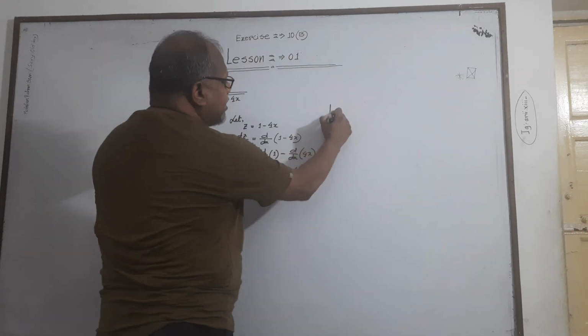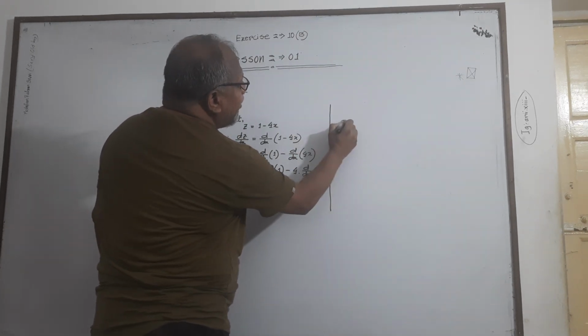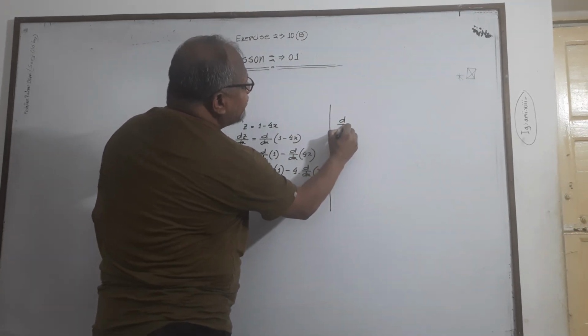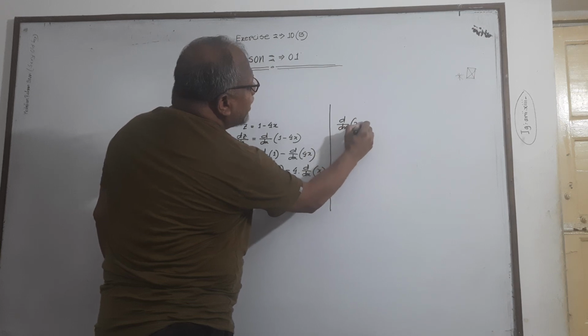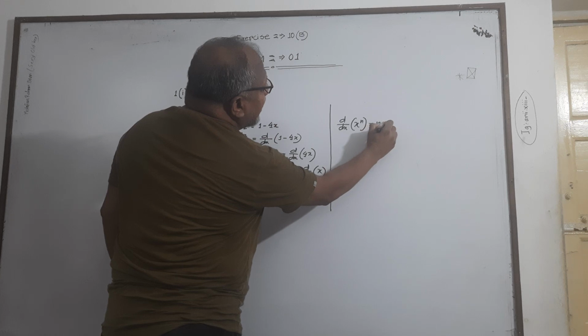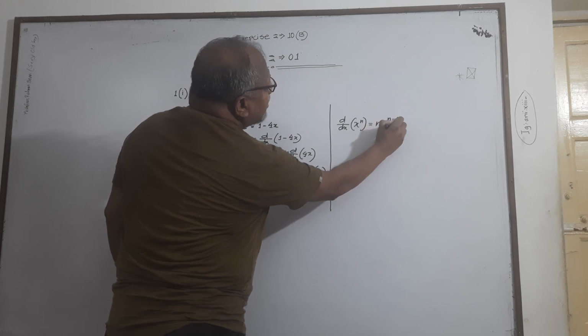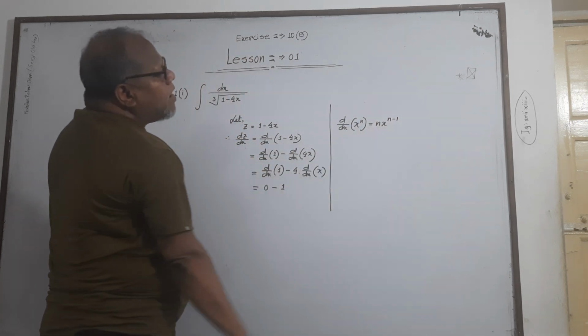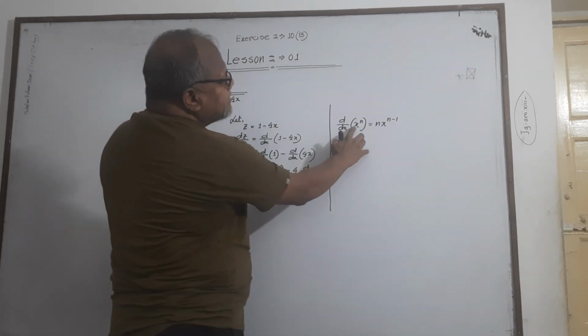I can show you the first formula of differentiation: d/dx of x to the power n equals n x to the power n minus 1. Here n is the power of x and x is the variable.